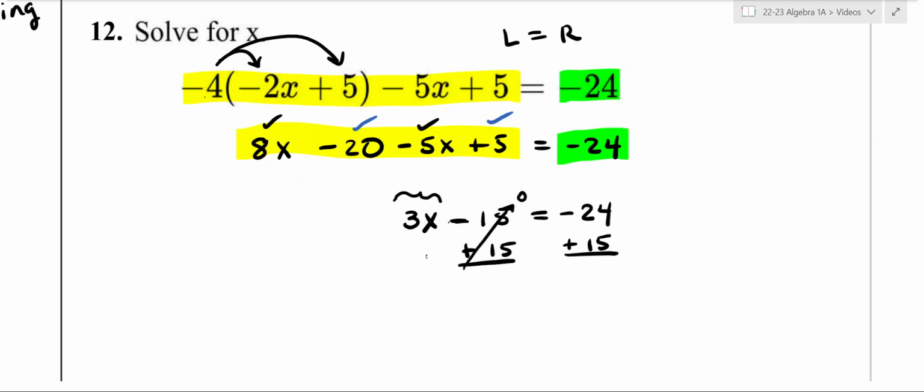See, so that leaves us only with 3x on the left-hand side. And negative 24 plus 15 gives us negative 9.